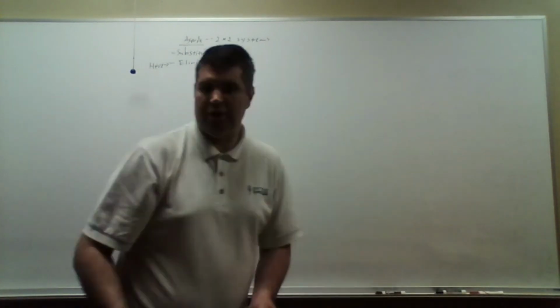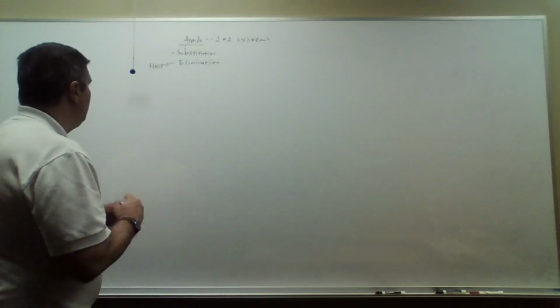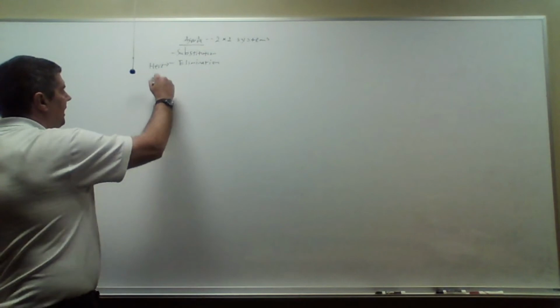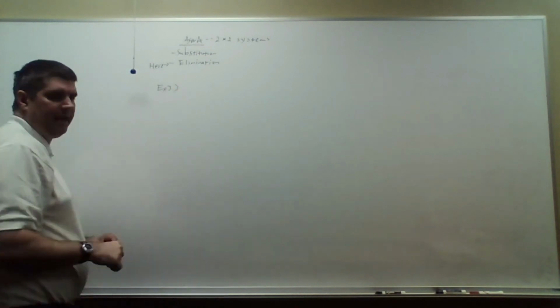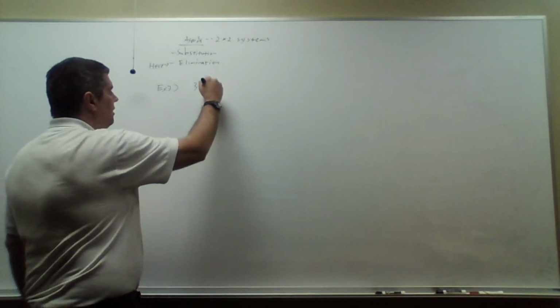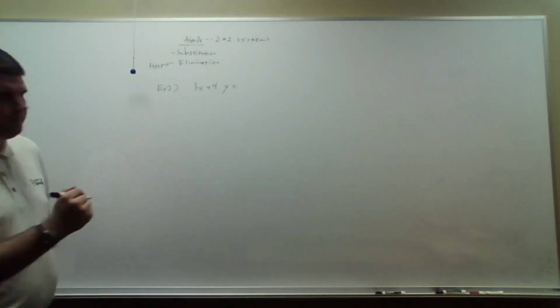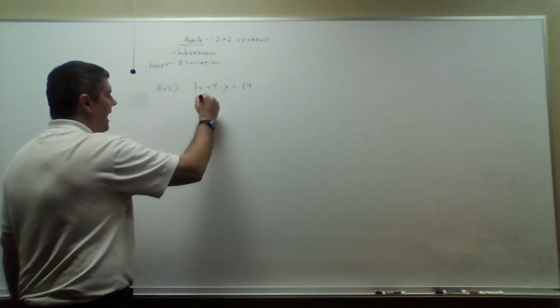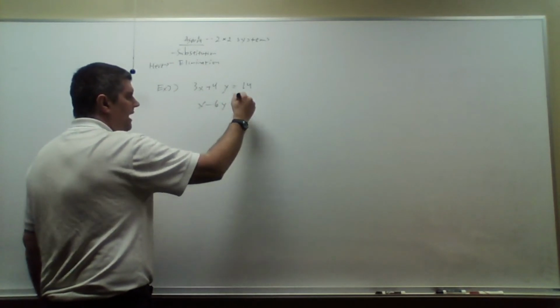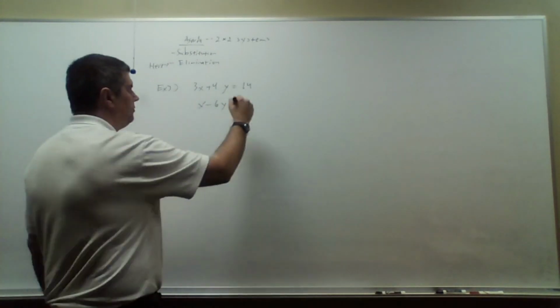I'll do another example, and then we'll do example 3, and then I'll call this done. Example 3 for elimination: we have 3x plus 4y equals 14, and x minus 6y equals negative 32.